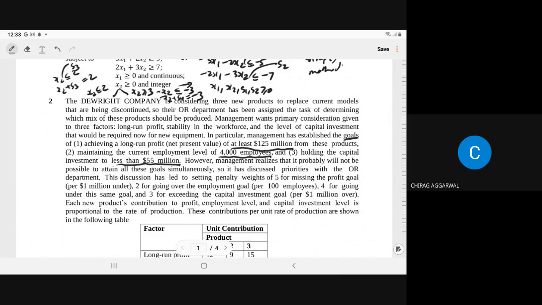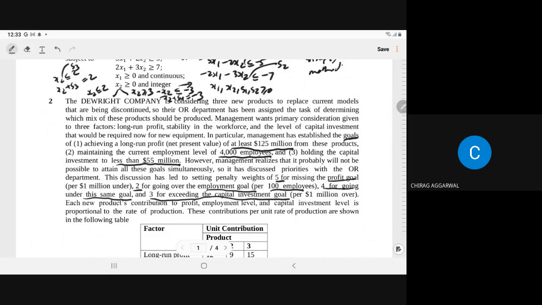This discussion has led to setting the penalty weight of 5 for missing the profit goal, 2 for over employment goals per 100 employees, and 4 for going under the same goal, and 3 for exceeding the capital investment goal.